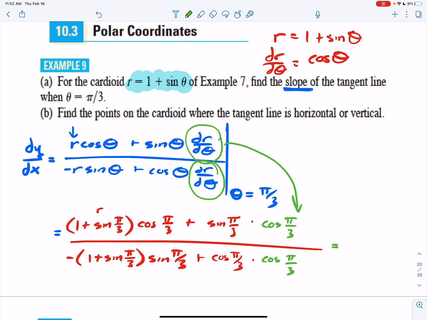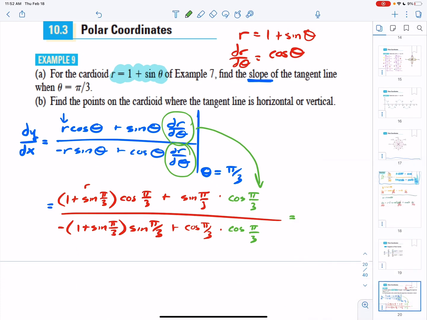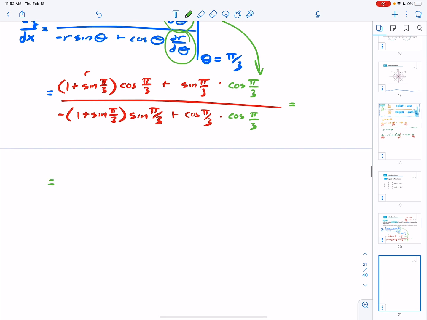How can we do this easily? Okay, so let me squeeze in another page here. I know that the cosine of pi over 3 is 1/2. So I'm going to plug in those 1/2s there.